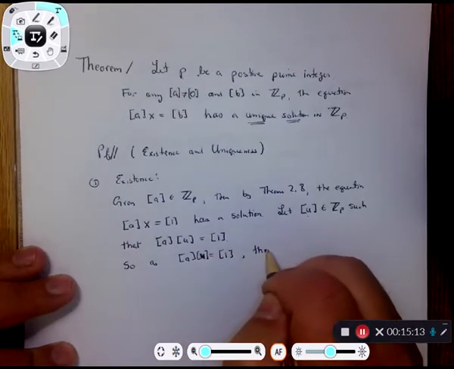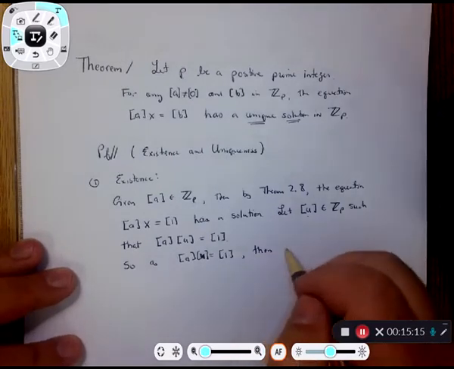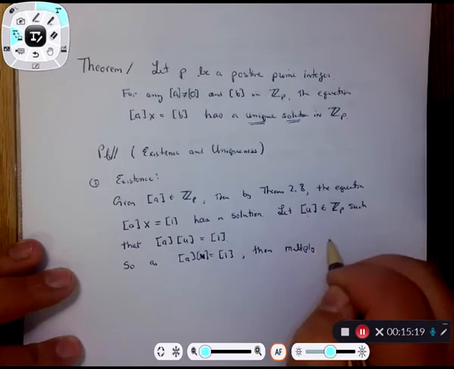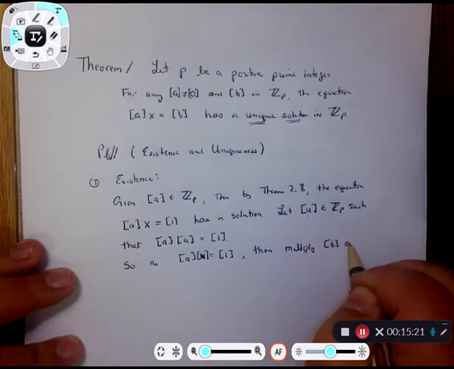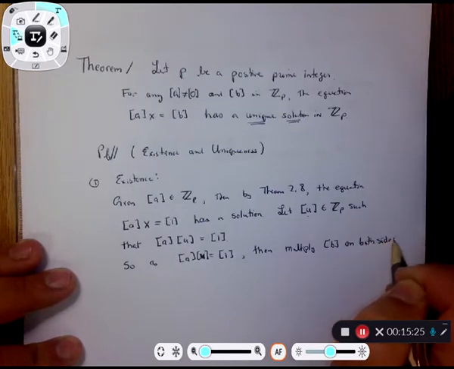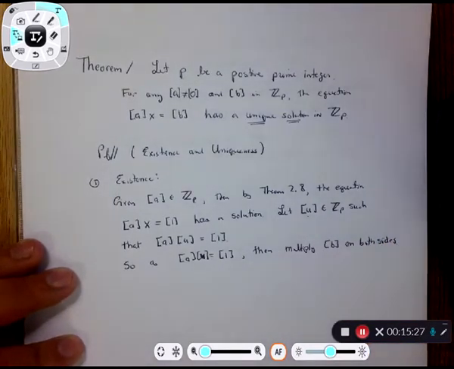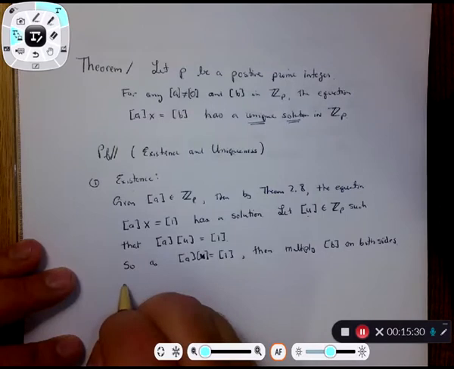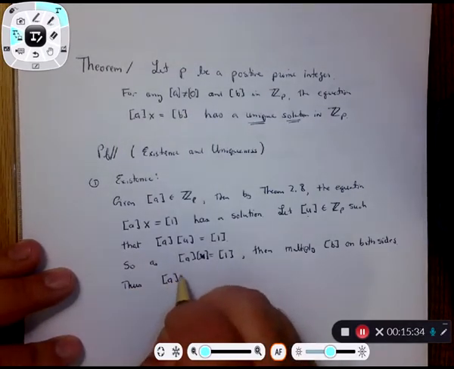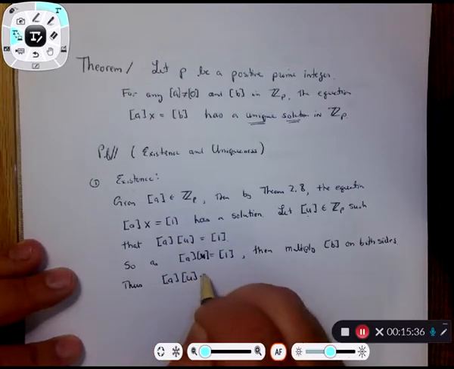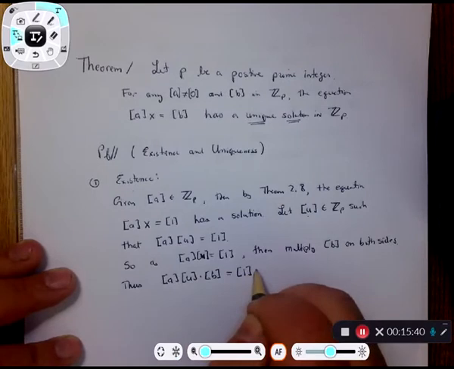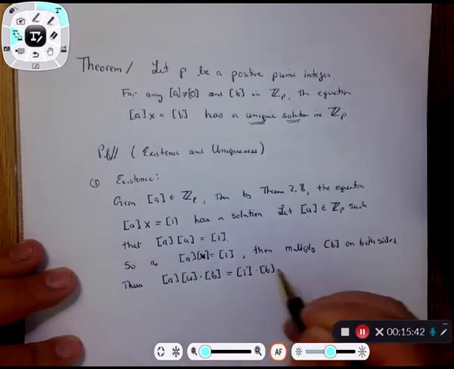Then I'm going to multiply, here's your classic trick, multiply equivalence class B on both sides. Now if I did that, this would imply, thus, equivalence class A times equivalence class U times equivalence class B would be equal to equivalence class 1 times equivalence class B.